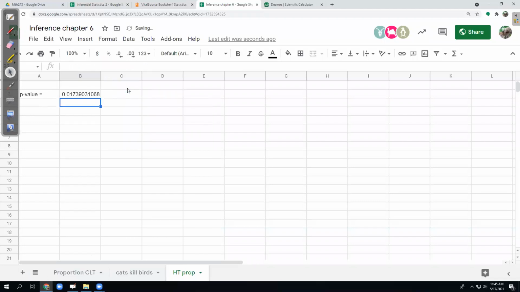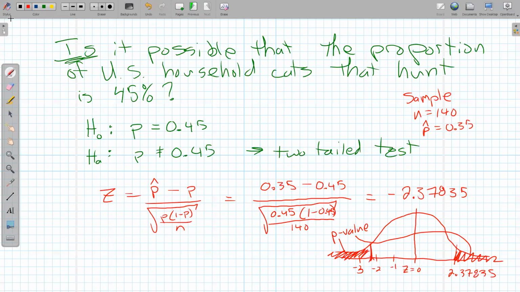So I'm getting a p-value of about 1.7% total. So my p-value with the 2 tails together is approximately 1.7%. If we go for the standard 5% significance level, this is significant.